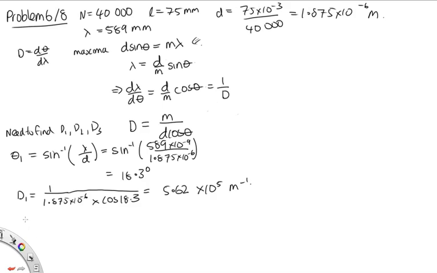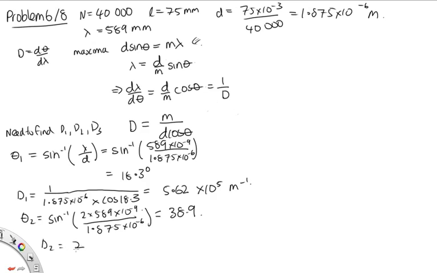Now we need to find D2, so theta 2 is equal to the inverse sine of m lambda, so 2 times 589 times 10 to the minus 9 over 1.875 times 10 to the minus 6. Solving this, we get that theta 2 is equal to 38.9, and so D2 is equal to 2 over 1.875 times 10 to the minus 6 times cos of 38.9. And solving this on the calculator, we get 1.37 times 10 to the 6 inverse meters.